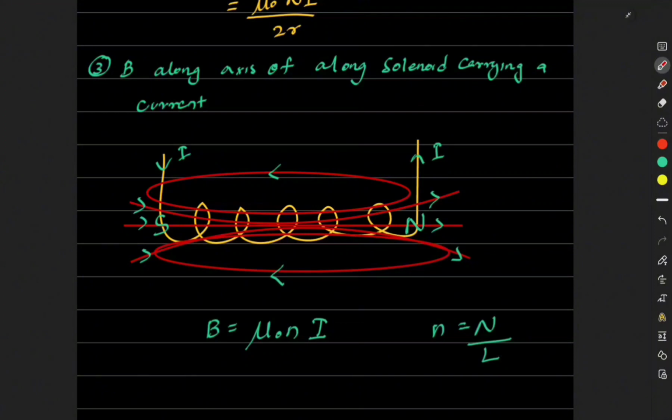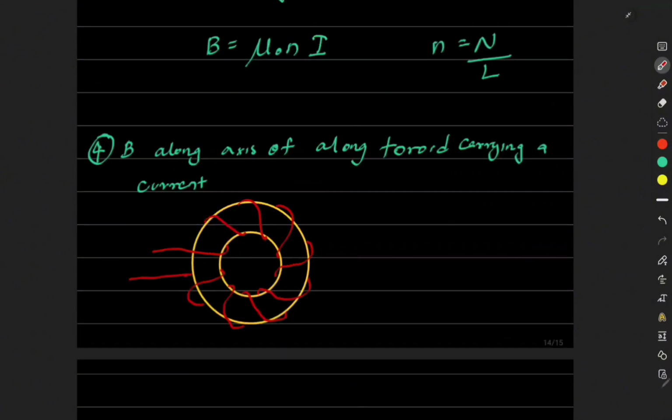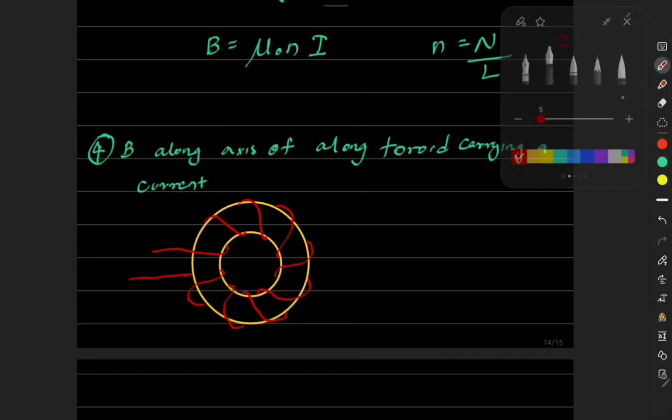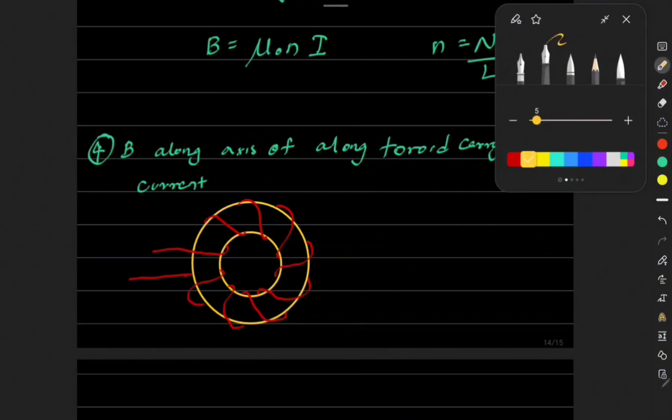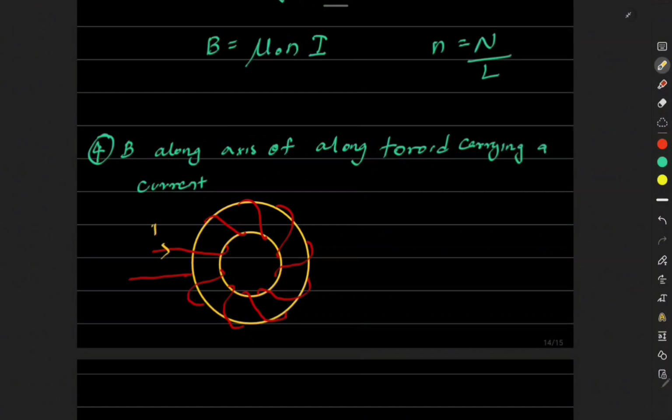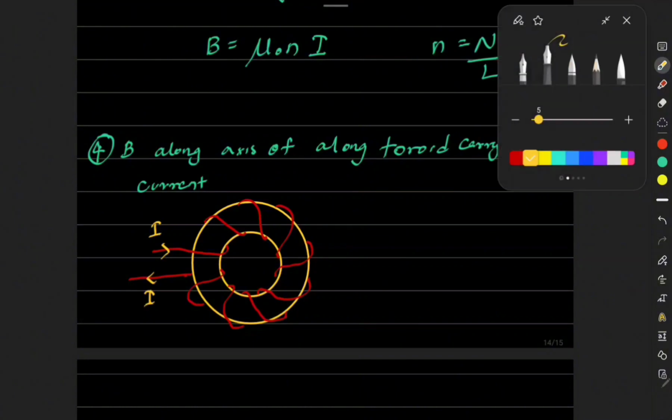Now we are going to look at the magnetic flux density along the axis of a toroid carrying a current. This is the toroid. A current carrying wire is looped around a circular ring, and this is the current I inwards and this is the current outwards. This is the current carrying conductor.